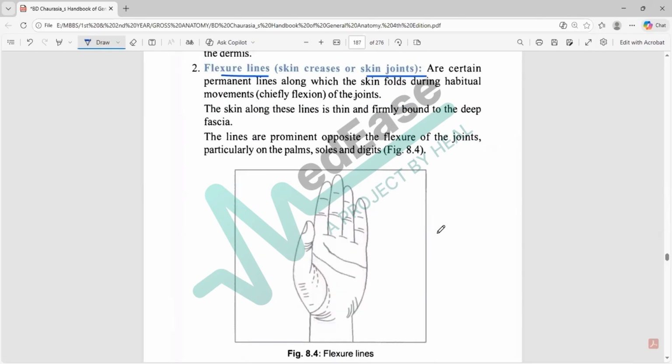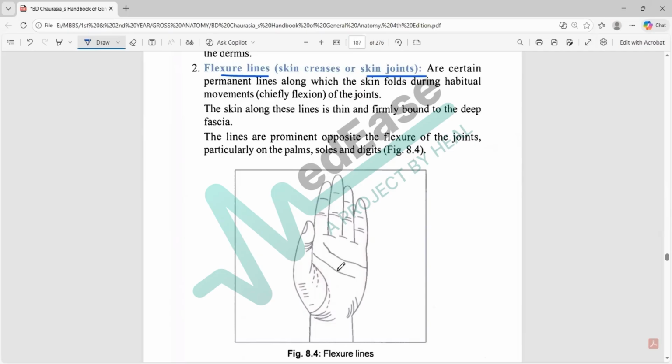The flexural lines are normally associated with the joints. Here you can see those associated with the palm. The palm flexural lines allow the movement of the structures easily without compression of the skin and the neurovascular structures.